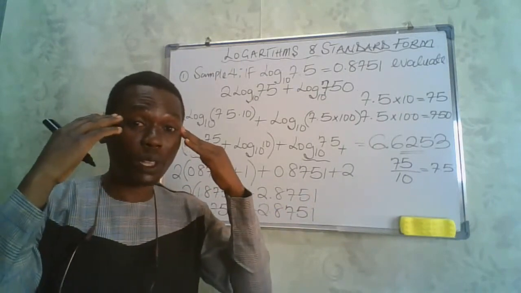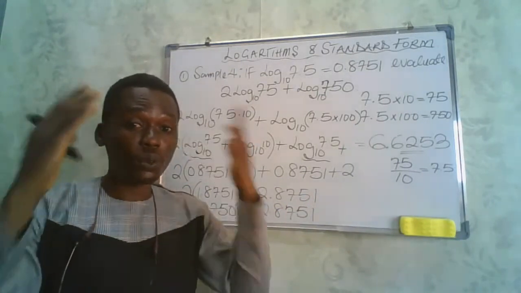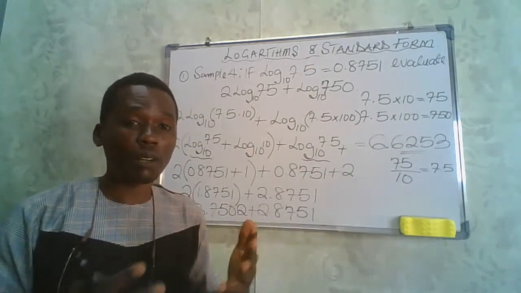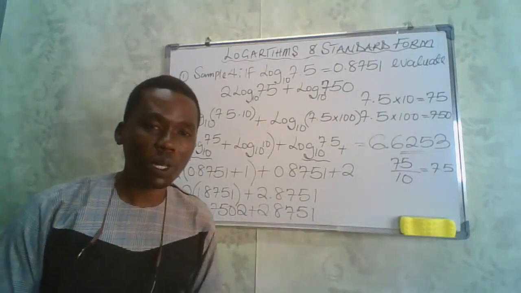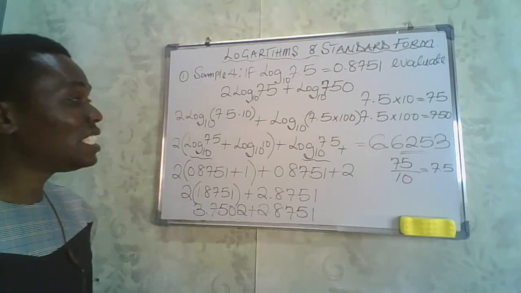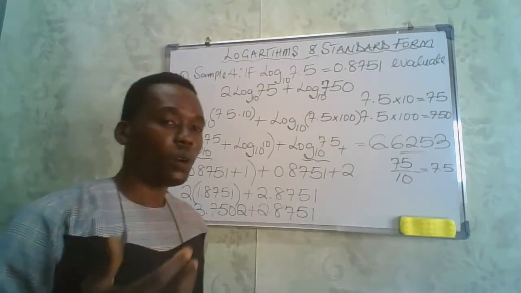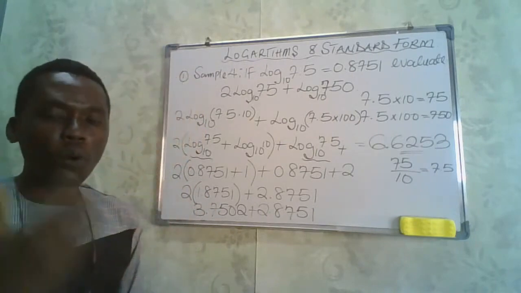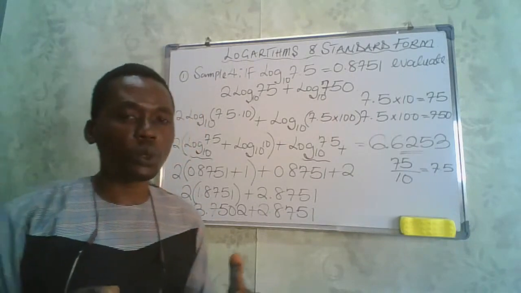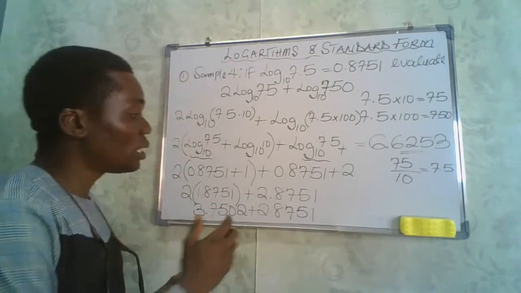So there's a way you can do a lot of manipulation. Mathematics is all about you being logical in your reasoning, and then finding how you can find solutions to problems, and that is just it. So this is the final solution we'll be taking on logarithm. So where we'll be heading to now, we are going to look at standard form.